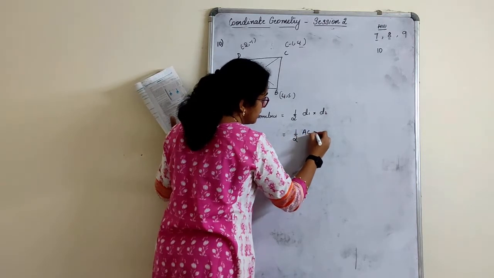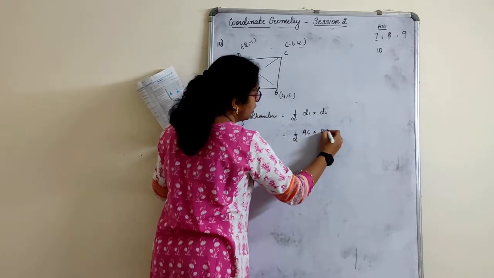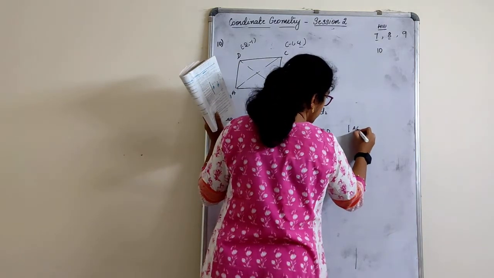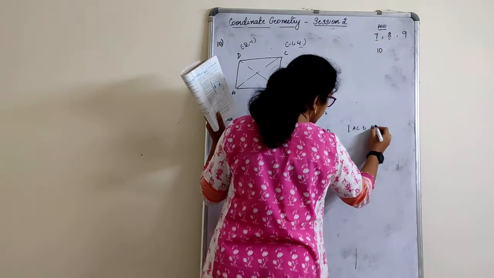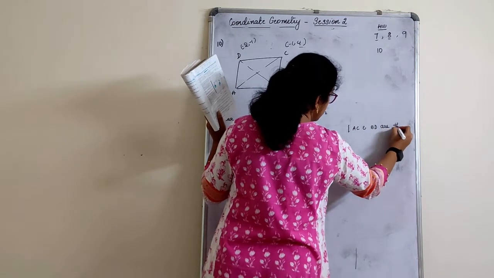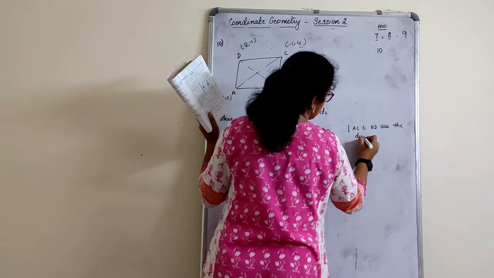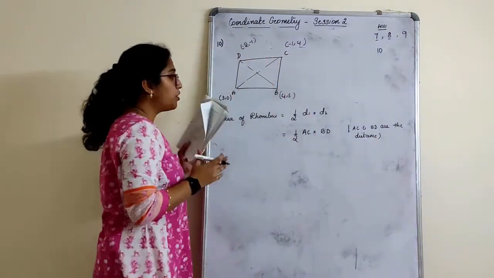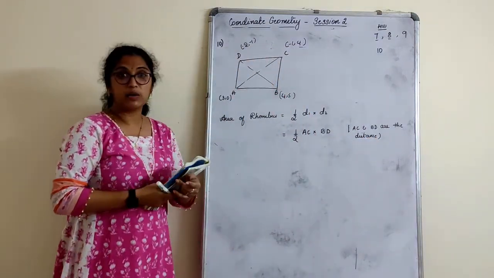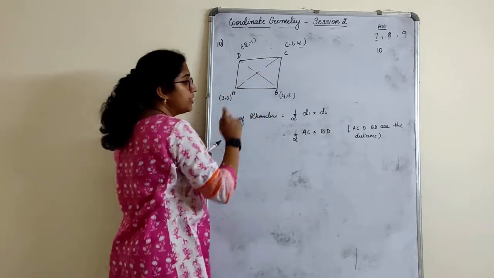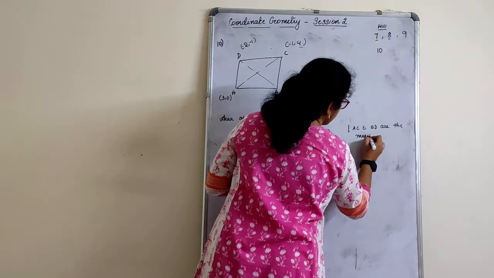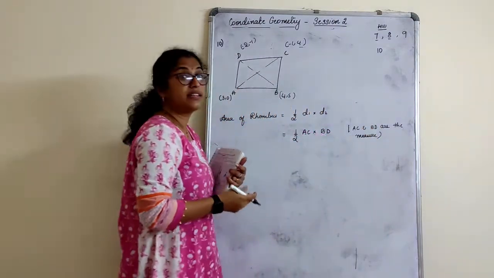AC. What is D2? BD. What are this AC and BD? They are distances, right? Of course coordinates are required. You should find the measure of AC and BD. I'll write here, not the distance, they are the measures.